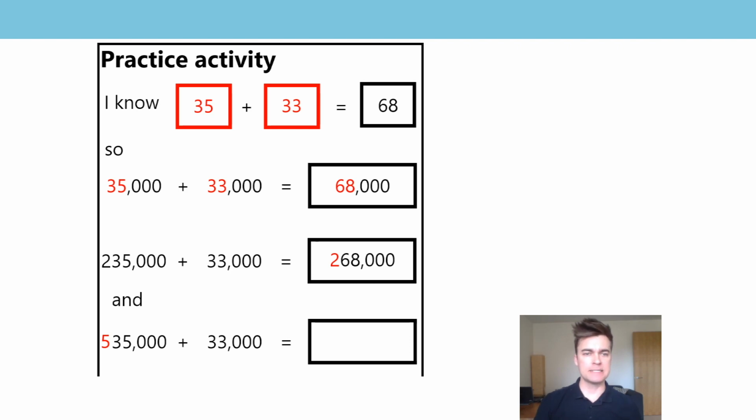Okay, next part. That 5 in 535,000, the first 5, it's caught my attention. Tell me what it's worth. 500,000. If I compare that to the addend 35,000, I can see there has been an increase of 500,000.